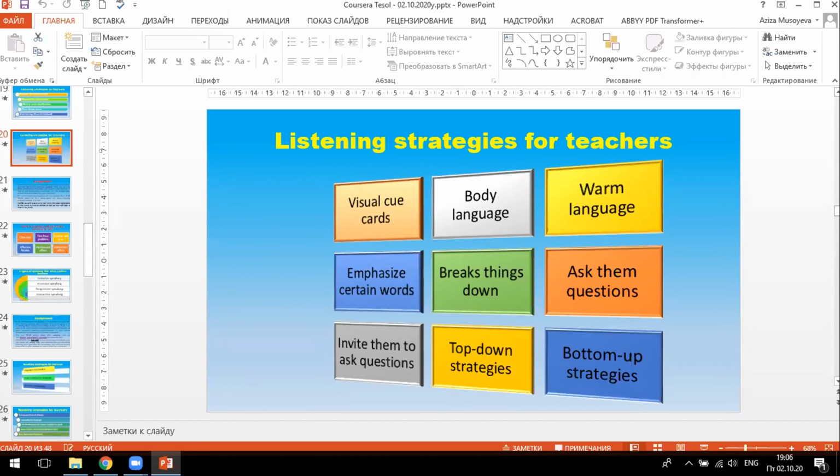And in listening strategies, they also put body language. For example, teachers, when you are talking, your students are listening. So it's better to use your body language and warm language as well, to make things conversational, like sometimes asking questions whether they understood or not, not just lecturing them.